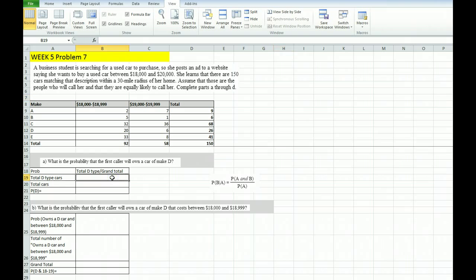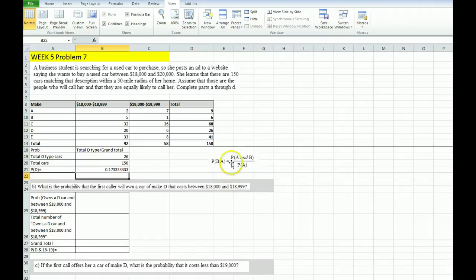The grand total for D, how many cars do we have for D in total, is 20 plus 6, so that's the number of cars we have with D type, and the total number of cars is listed here as 150. So the probability that it's D is going to be equal to the number of D cars that qualify divided by the total number of cars, which is going to be 0.173.